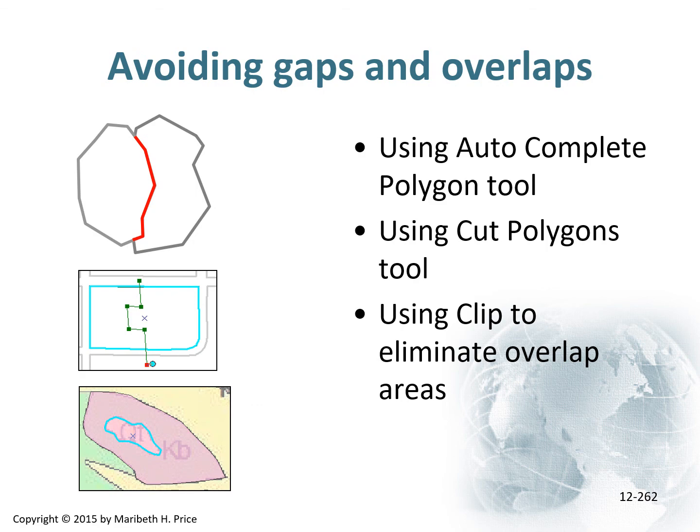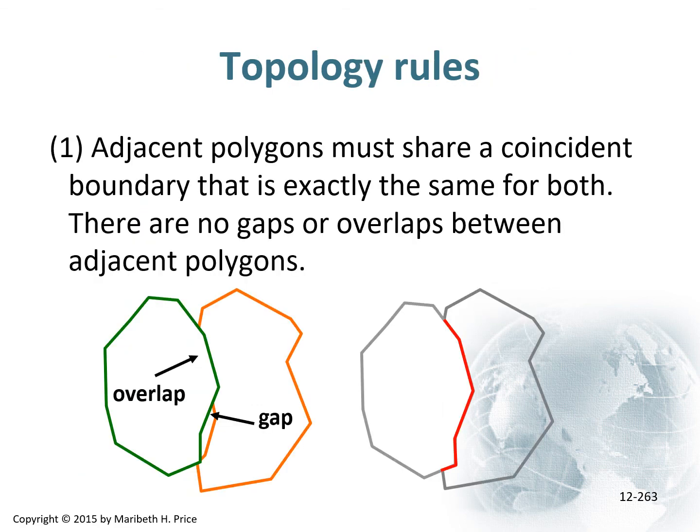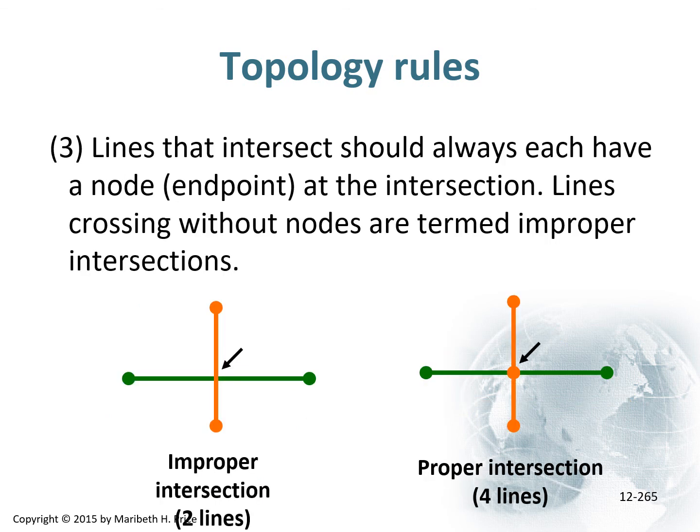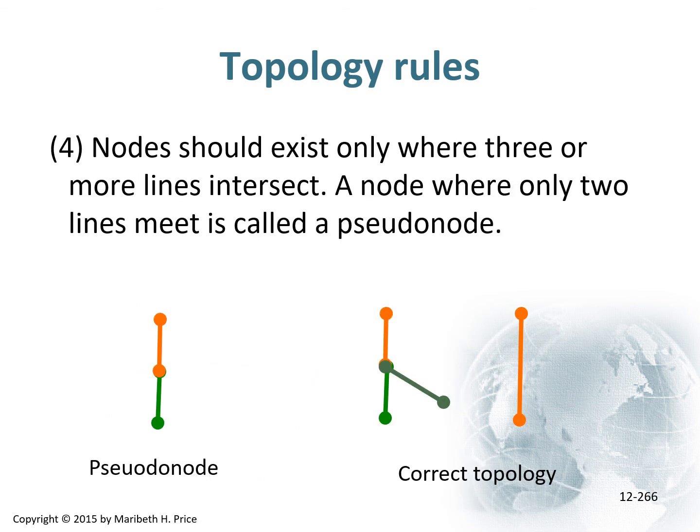You can avoid gaps by using things like autocomplete and cut polygon tools. You can also set up topology rules in data sets so that when you create features, you can then test to make sure that you don't have gaps and overlaps. More on improper intersections, pseudonodes, correct topology, and all that.